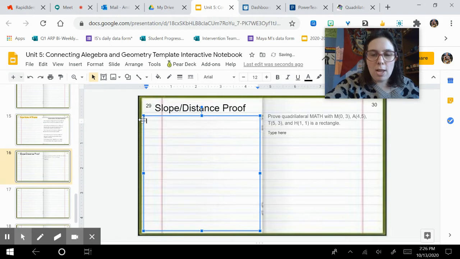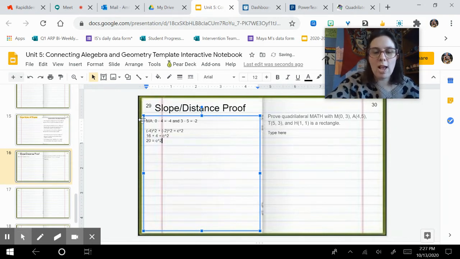I'm going to do MA first. So 0 minus 4, which is negative 4, and we have 3 minus 5, which is negative 2. So negative 4 squared plus negative 2 squared equals c squared. That's 16 plus 4 equals c squared, which equals 20.